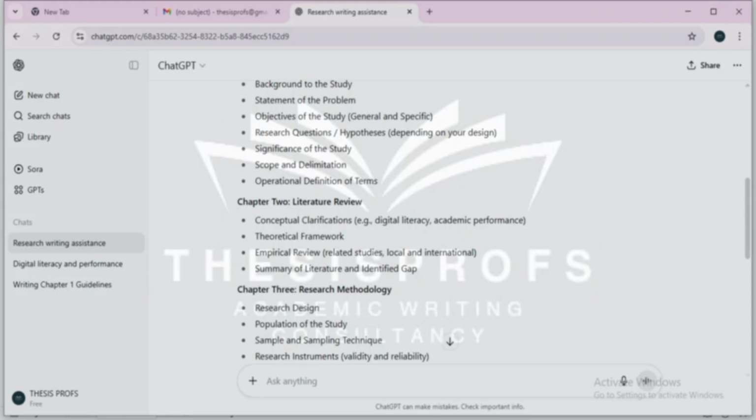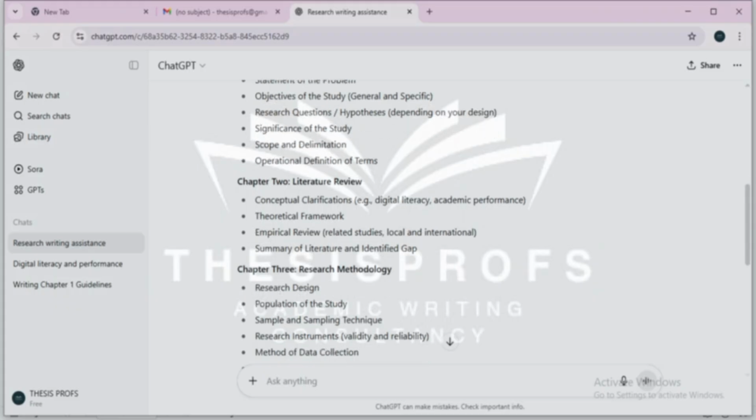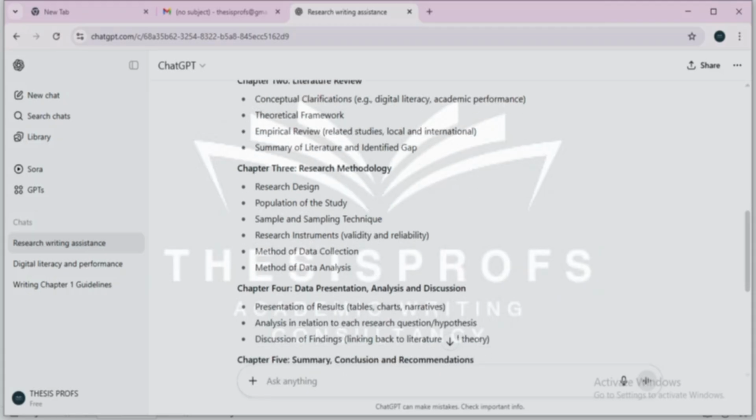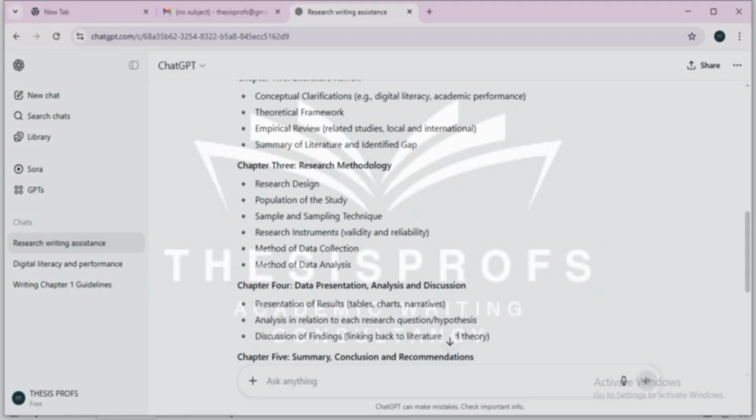This is actually a standard academic structuring and format for even a literature review, but some institutions may go further than just these four layouts that ChatGPT provided. Now, moving on, chapter 3, research methodology. You can see the research design, population of the study, sample and sampling technique, research instruments, validity. You can tell that this is actually accurate.